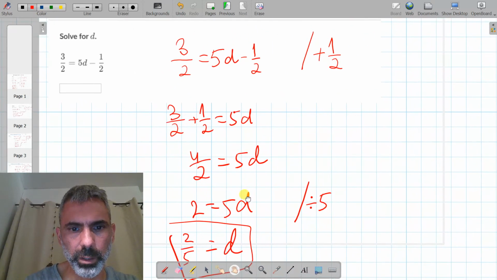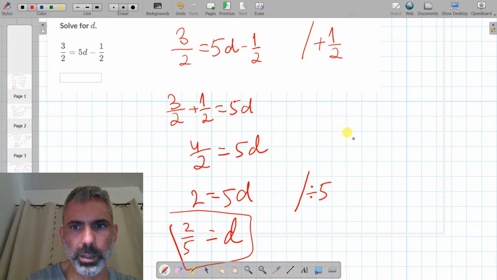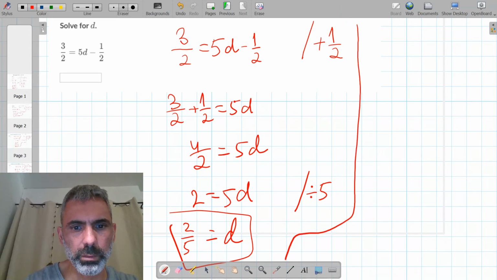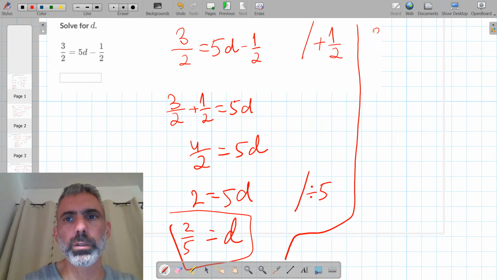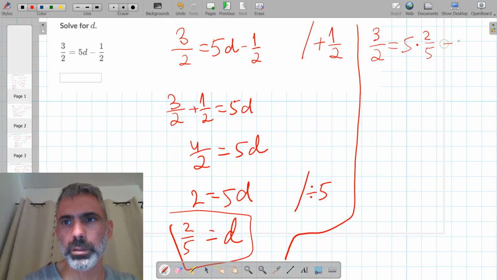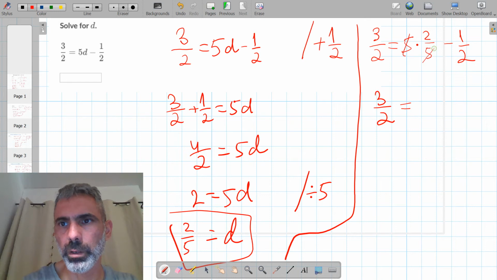Now let's verify that this is correct by plugging in this result in the original equation. So 3 over 2 equals 5 times 2/5 minus 1 half. Okay, so 3 over 2 equals, this 5 and this 5 cancel out each other, so I'm left with 2 minus 1 half.